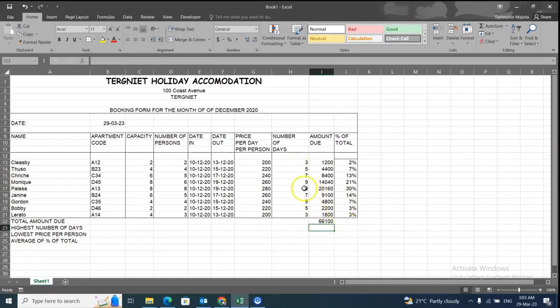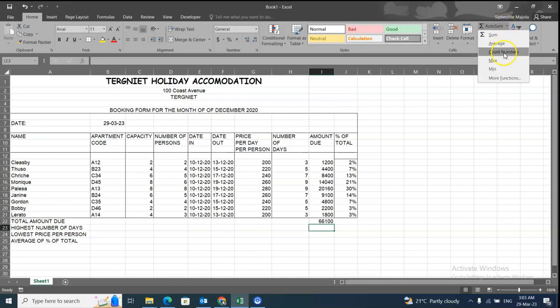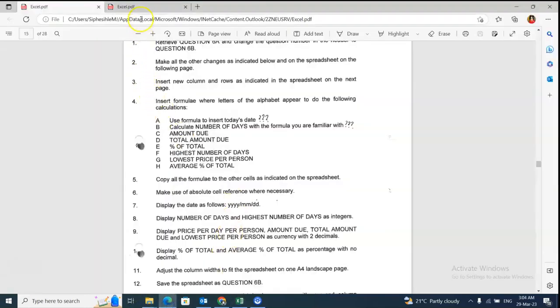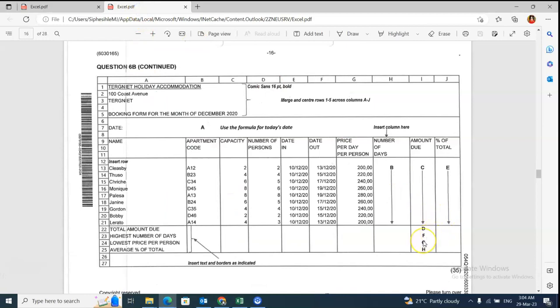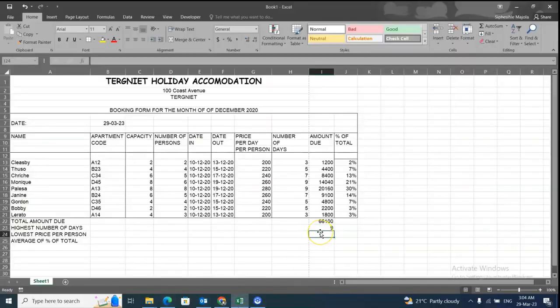So we have our number of days here, and for the highest value, we use a formula called max. Okay, and then you highlight the number of days and press enter, and indeed 9 is the highest. And then lowest price per person, let's just look where they want that to go. That should go underneath lowest price per person, and that's the instruction. I'll always go back to the instruction.